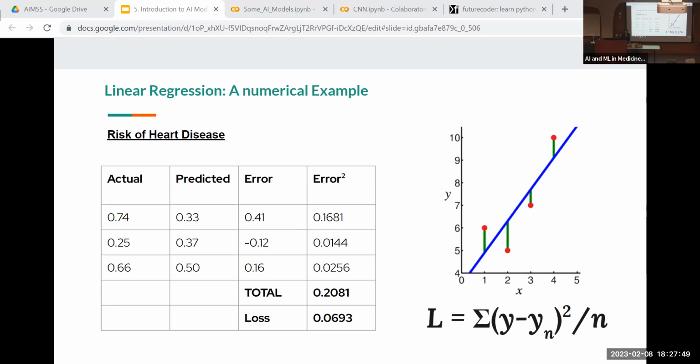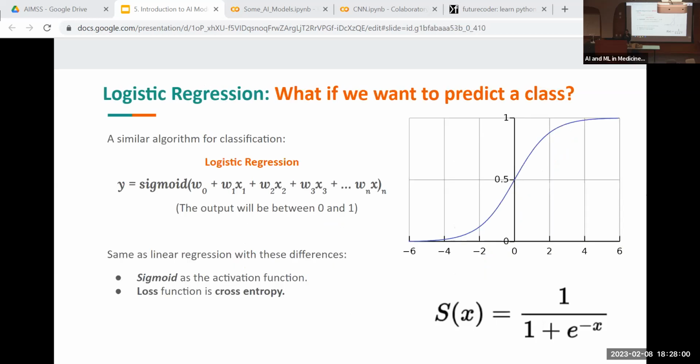Linear regression is used for regression. But what if we want to use the same idea for a classification problem? In this case, we use logistic regression. The idea is somehow the same. The only difference is that for the output, when we are facing a classification problem, we don't want to predict a continuous value.